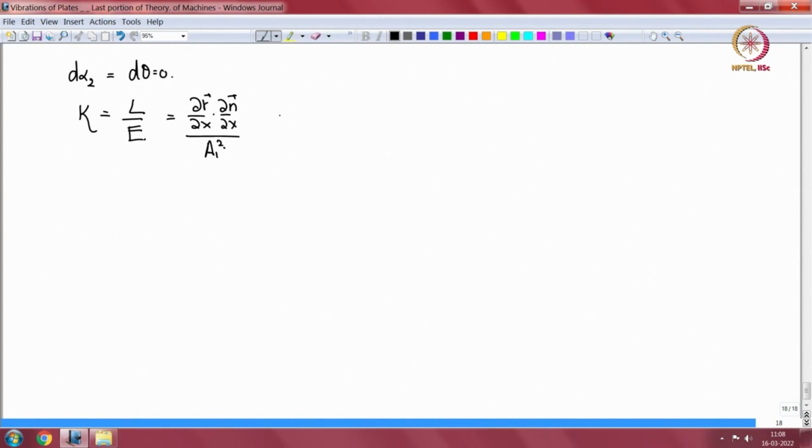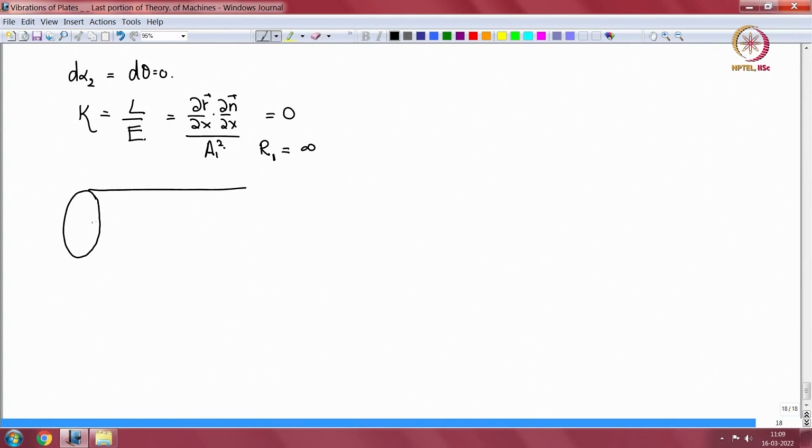Now del N by del X is 0, so this is actually 0, kappa is 0, which means the radius in the one direction is equal to infinity, which is also true. So if I have a cylinder, how is it formed?